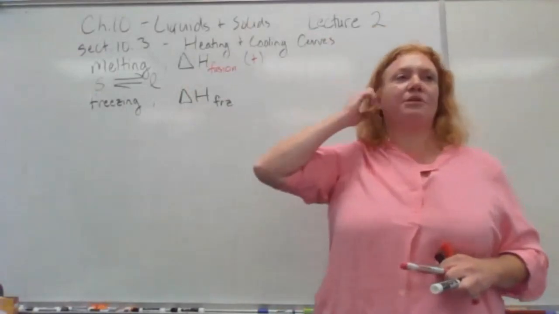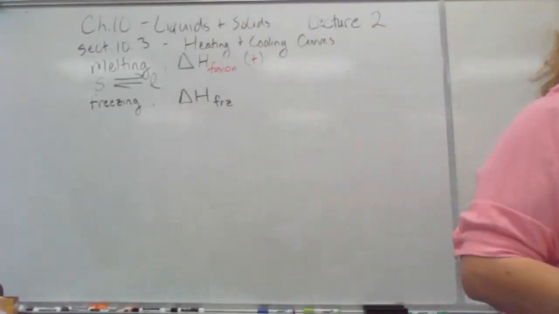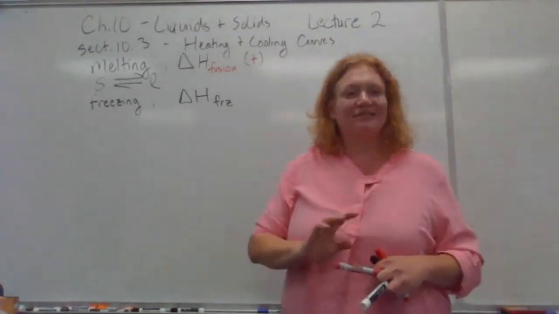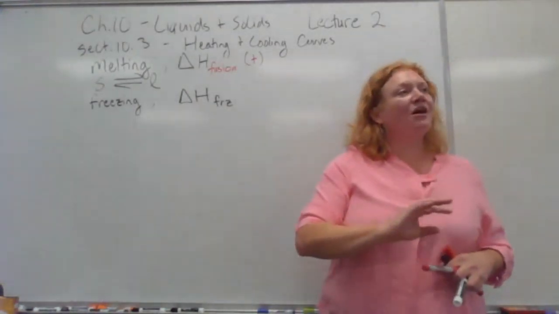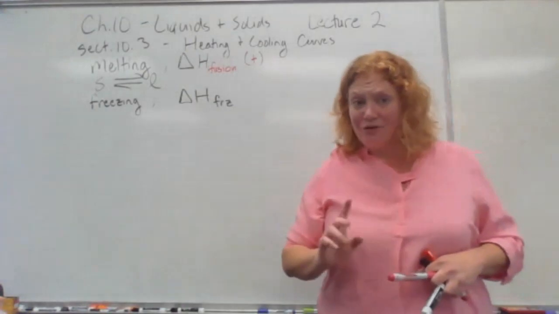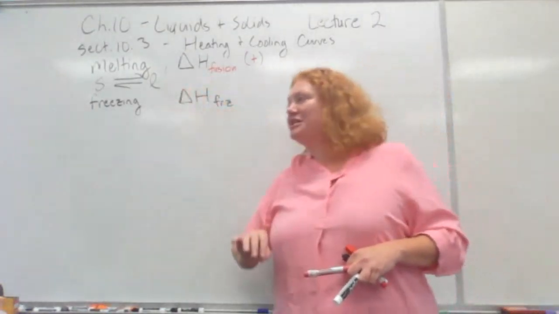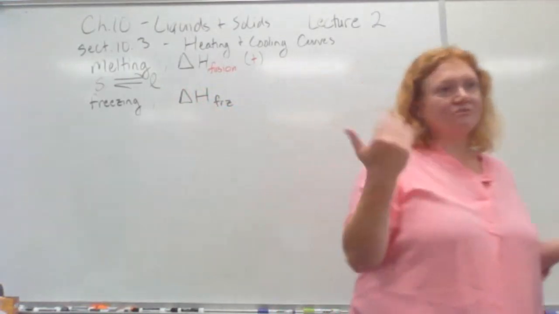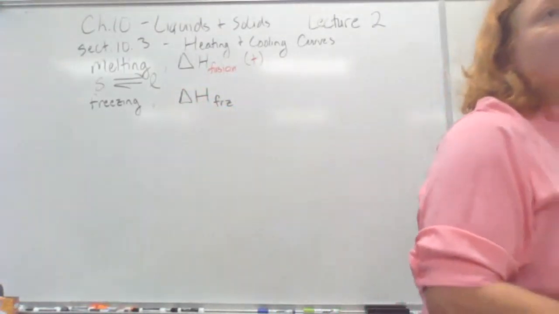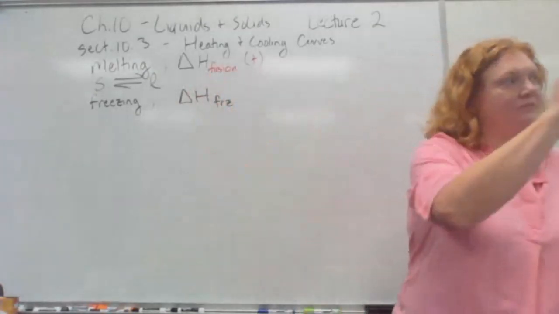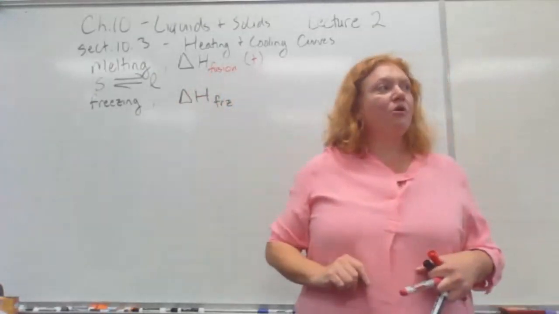You will only be given delta H of fusion for a compound. You will not often, or I would say ever, just be given delta H of freezing. You'll be told delta H of fusion. That's the standard value you're given.